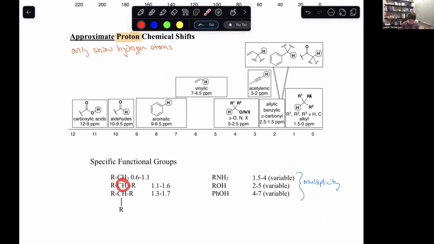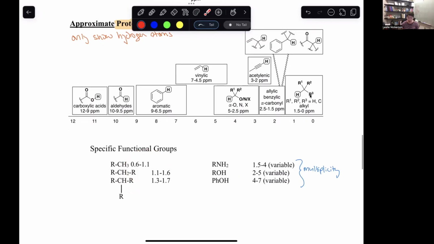As soon as you start adding more carbon groups on, it's going to start shifting it downfield a little bit, because that carbon atom is a little bit more electronegative than the hydrogen. So as you get more carbons on an atom and fewer hydrogens, you're going to start to see a downfield shift.